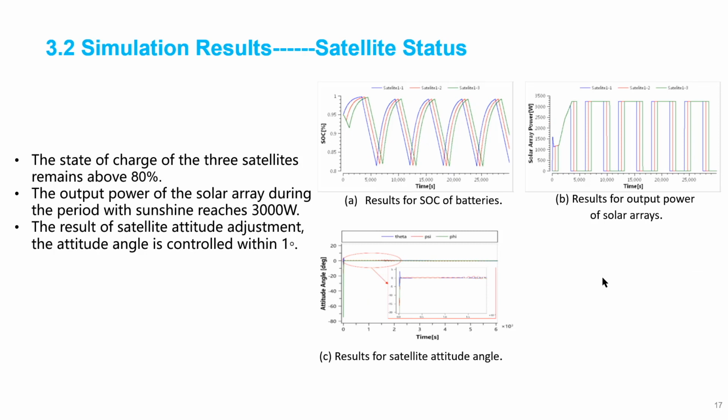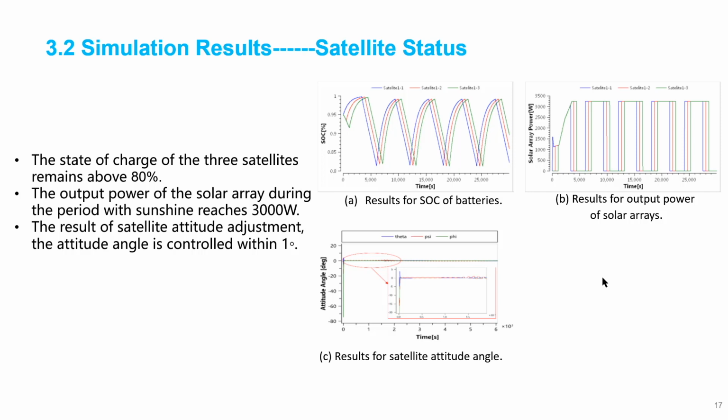During the operation of the satellite constellation, the energy balance characteristics of three satellites in the constellation are shown in Figure A and B. It can be seen that the state of charge of the three satellites remains above 80%, and the output power of the solar array during the period with sunshine is 3,000 watts, indicating that the satellite's energy system can satisfy the energy consumption under working conditions.